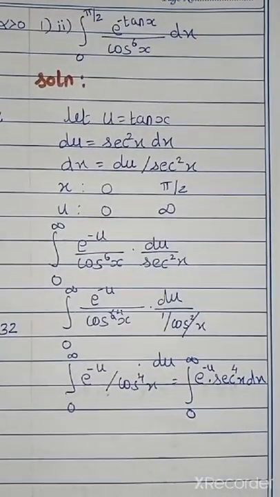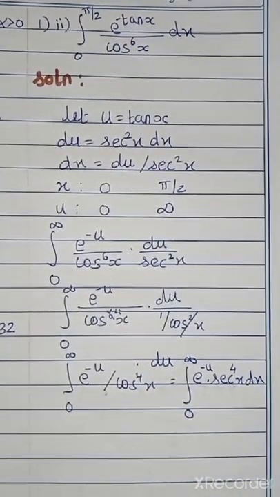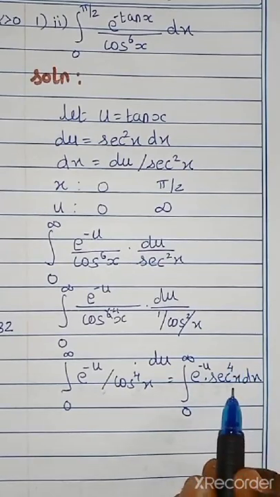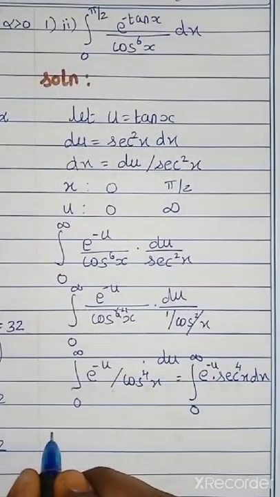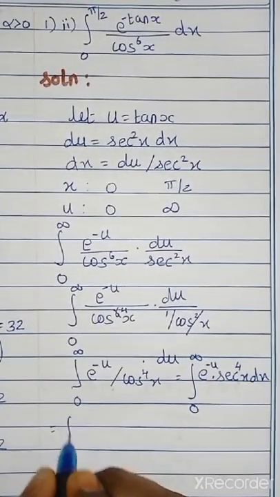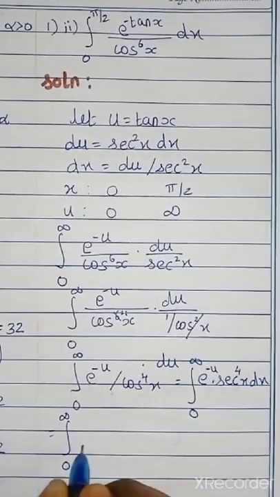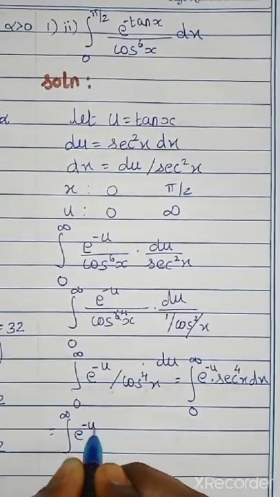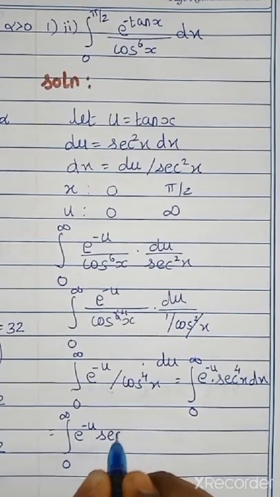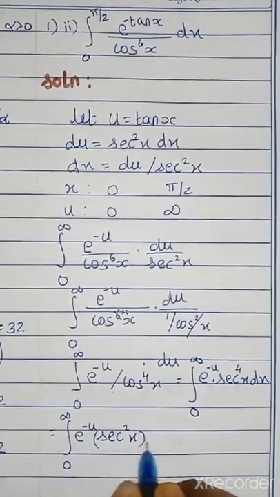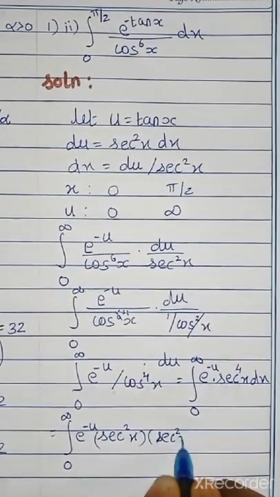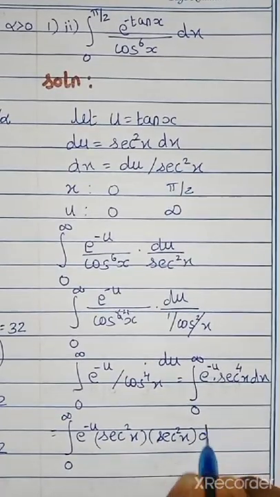Again we can simplify this as integral 0 to infinity e power minus u secant square x into secant square x du.